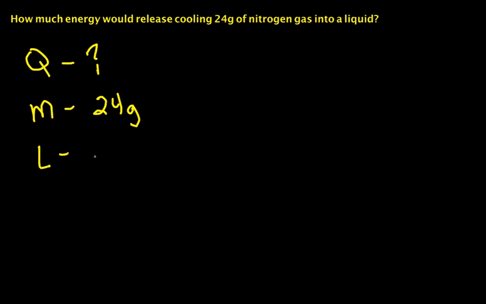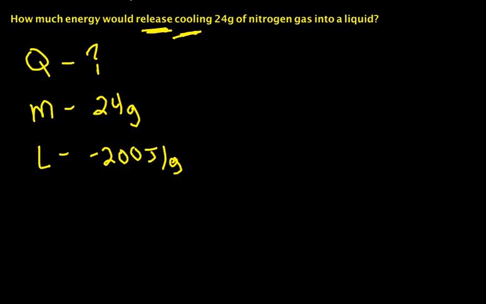So our latent heat of vaporization for nitrogen gas is negative 200 joules per gram. Now, why is it negative, you may ask? We are releasing, we're cooling down. Anytime you're cooling down, you're releasing energy, and that's notated with a negative value.